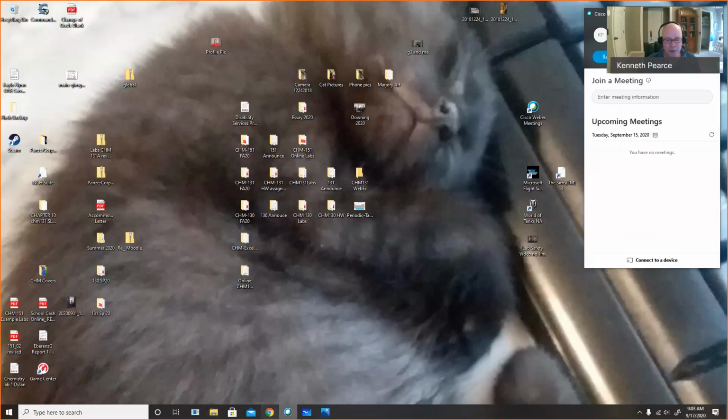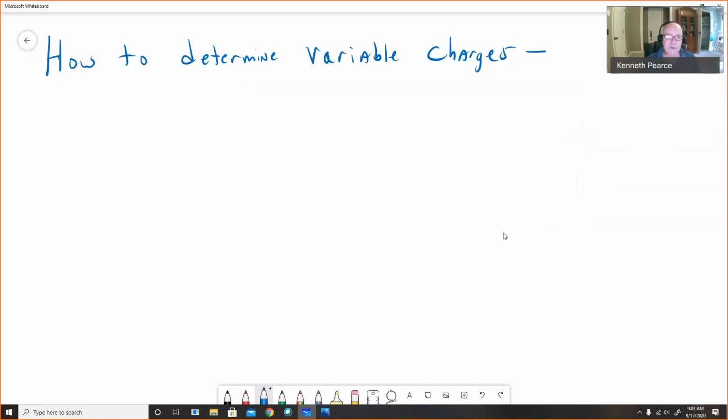And so what we need to be able to do is determine what the charge is on the element, because this is going to become very important when it comes time to name the element. Naming is what makes this more difficult than some other things. Okay, and so this is a key skill, determining the charge on an element.